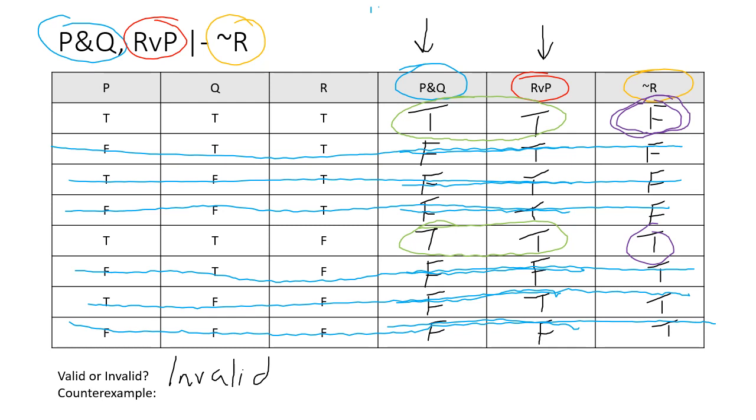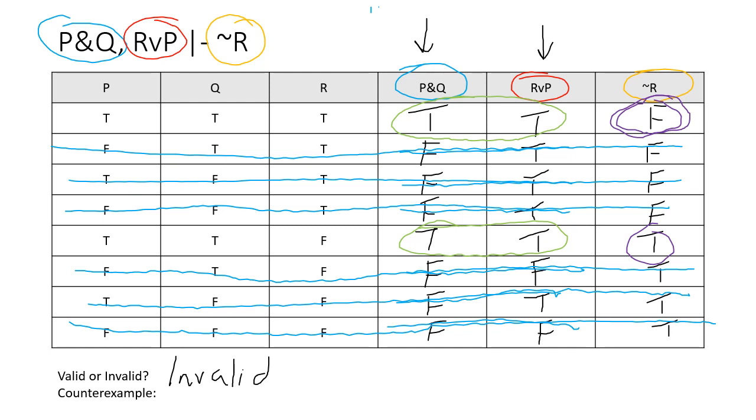So even if in 7 rows the premises were all true and the conclusion was also true, all it takes is one instance in which the premises are all true and the conclusion is false to make it invalid. And so that's what we have here in this first row. And so that's what makes it invalid.